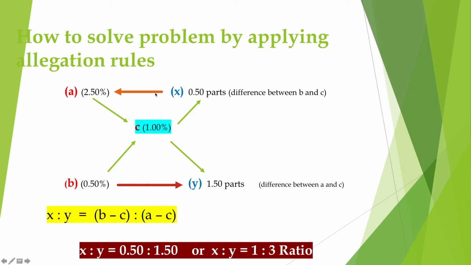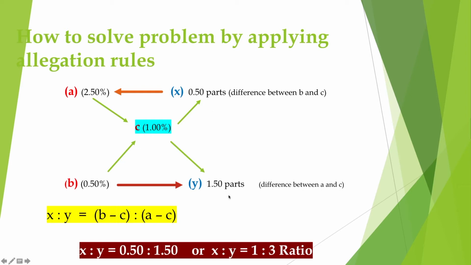So we have to draw an arrow like this. In this case, we need 0.5 parts of 2.5% ointment and 1.5 parts of 0.5% ointment to produce 1% ointment. So the ratio is 0.5 to 1.5, or you can say 1:3.